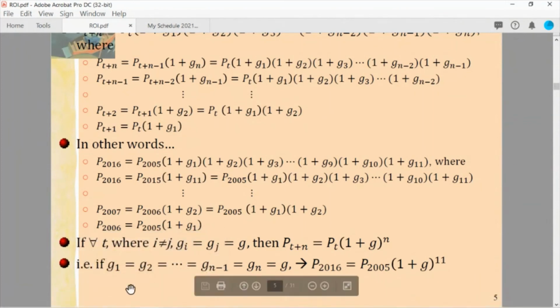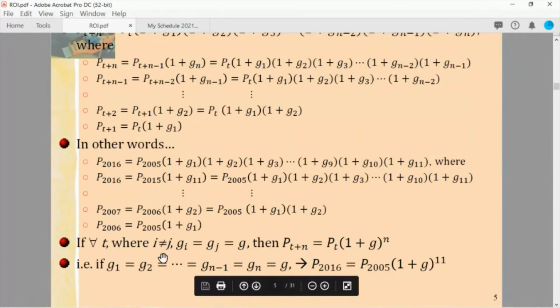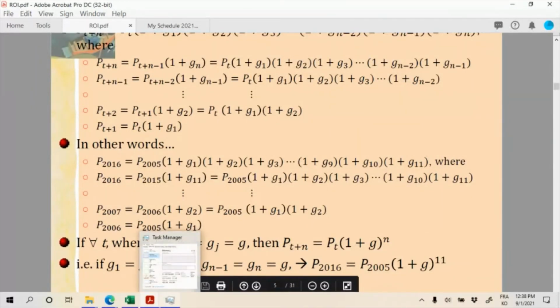It all boils down to this: if for all time subscripts where i is not equal to j, in other words, year 1 and year 2 are different, 2 and 3 are different, the growth rates for different years are different.